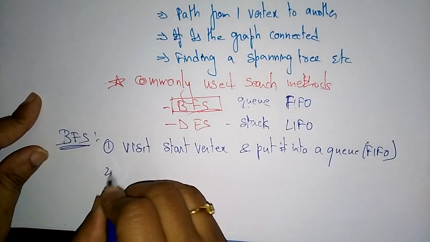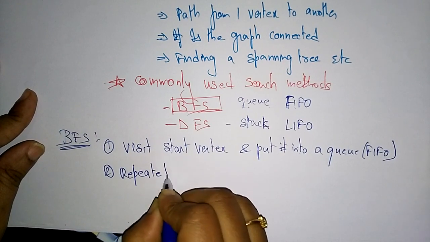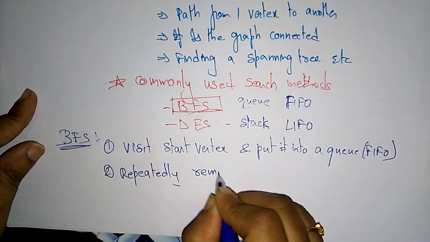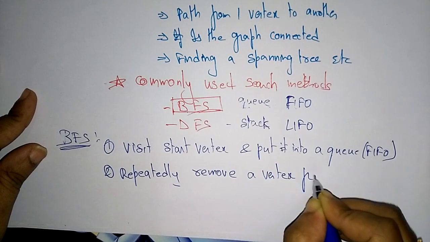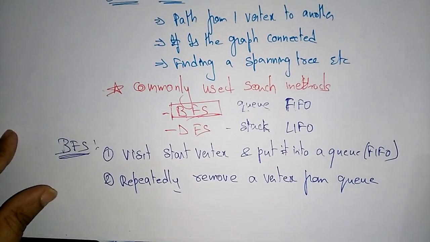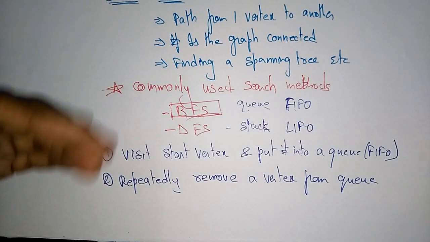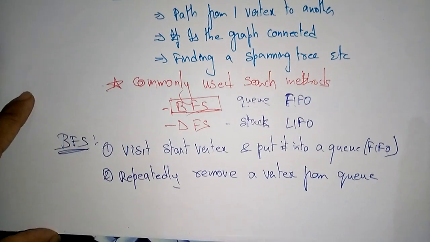After that, you have to repeatedly remove a vertex from the queue. Whatever data you insert in the queue has to be removed once all its adjacent vertices are visited. Means whenever that vertex's work is over, you remove that vertex from the queue.